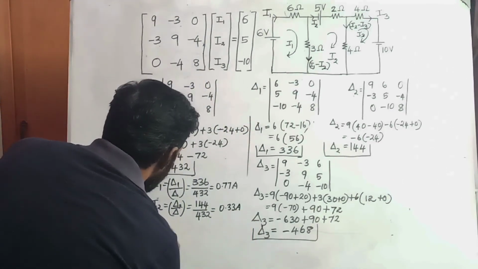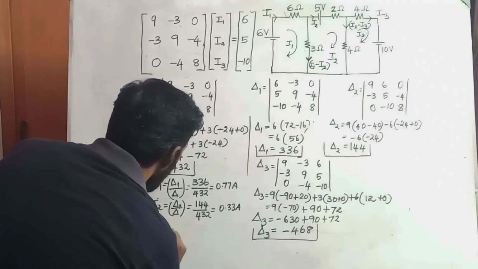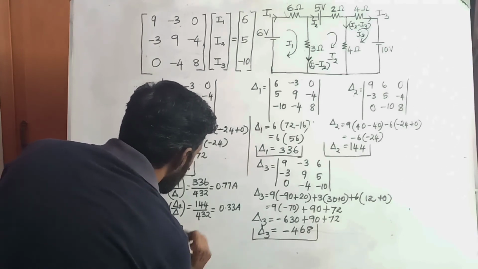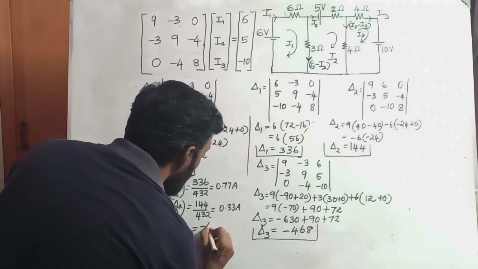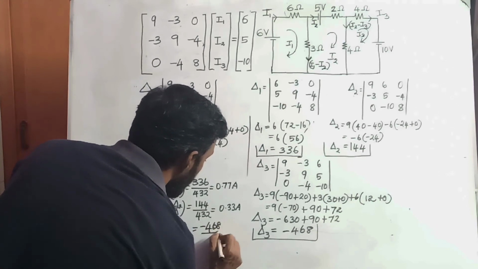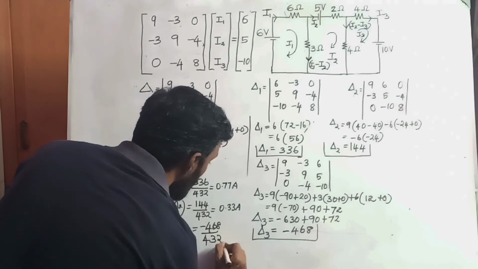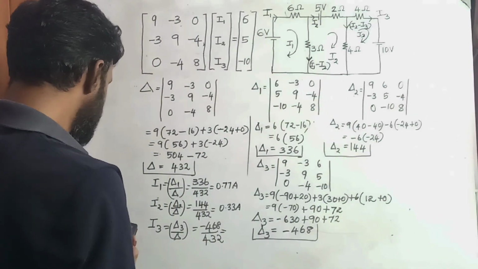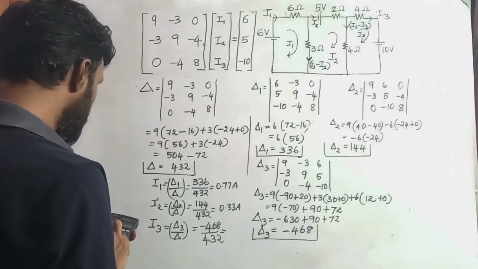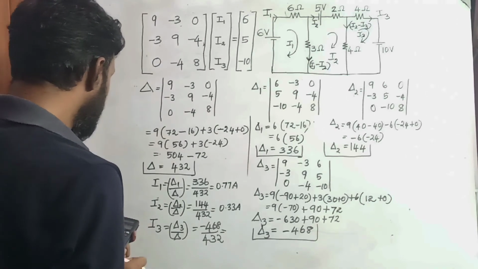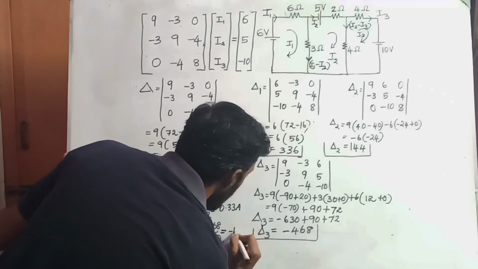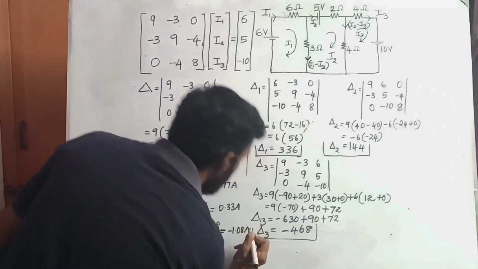And I3 equals delta 3 divided by delta. Delta 3 is minus 468 divided by 432, which works out to 1.08, taking the negative value, minus 1.08 amperes.